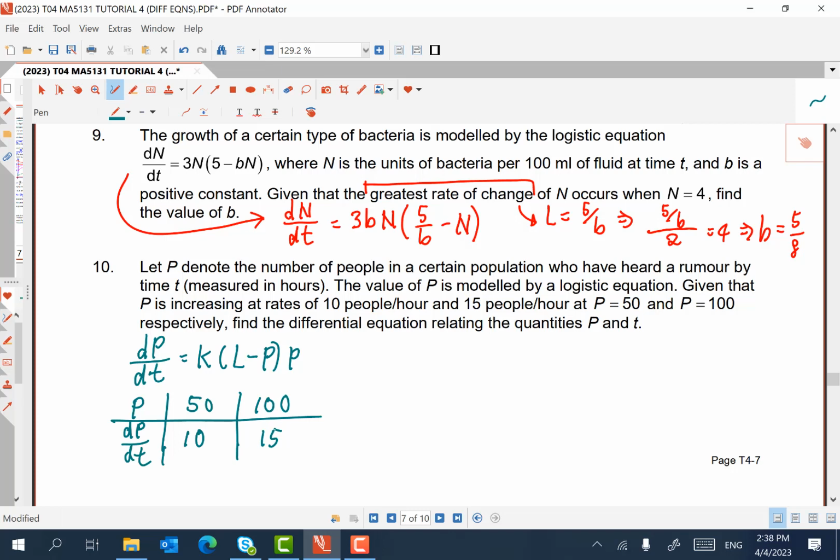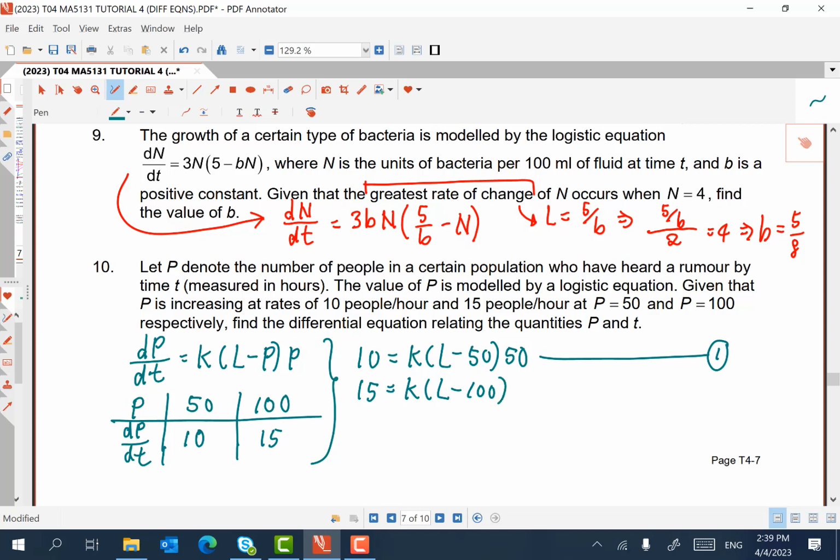From here, we can form two simultaneous equations. So 10 is equal to k times (L minus 50) times 50. This is my equation 1. The next one is 15 is equal to k times (L minus 100) times 100. This is my equation 2.